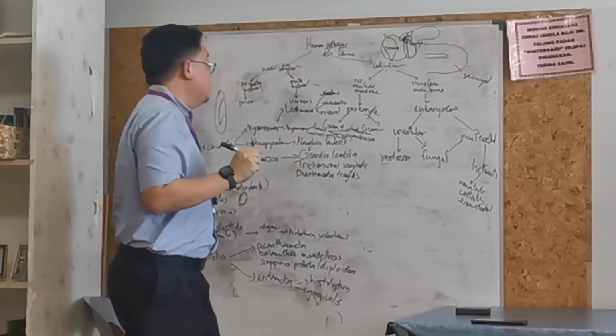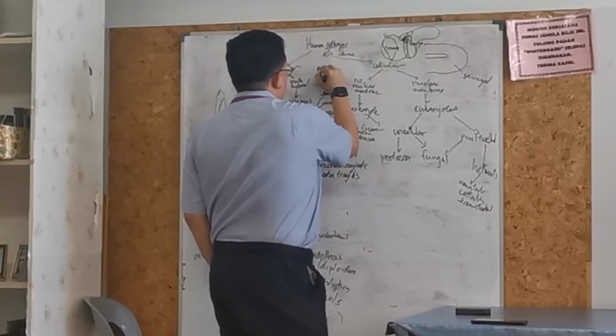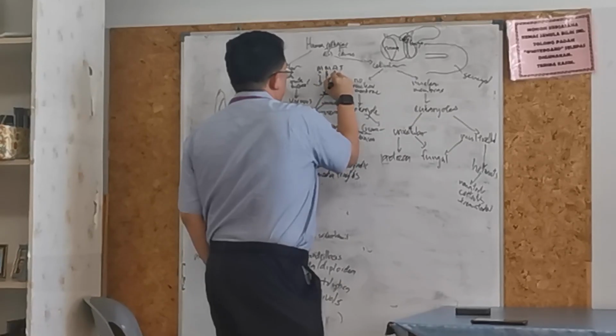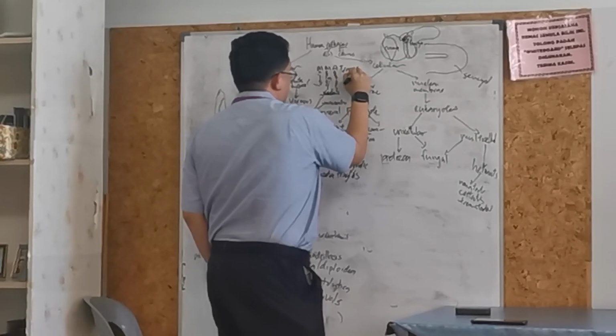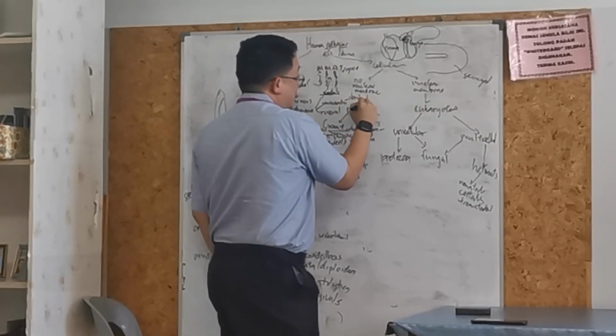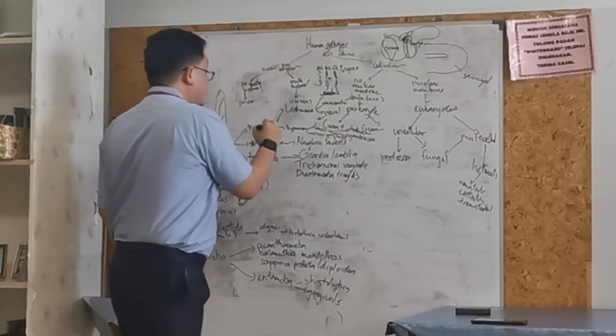Your cutaneous ones are major, mexicana, aethiopica, and tropica. Mucocutaneous is braziliensis, Brazil always has something. Visceral Leishmania is donovani.